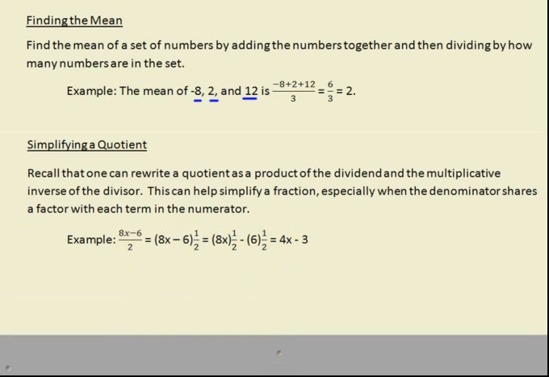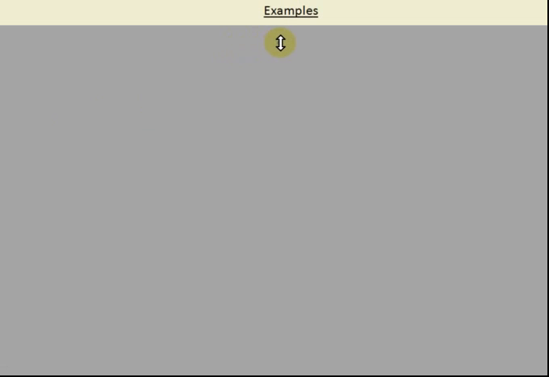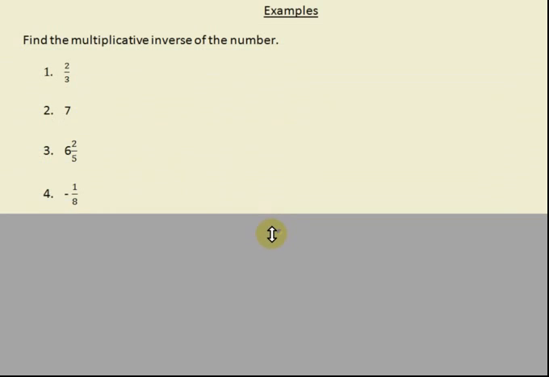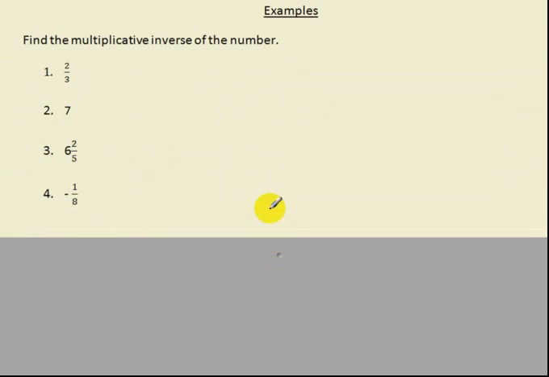Alright, let's look at some examples. Find the multiplicative inverse of the number. So we're looking for what number times this will equal 1. In the case of a fraction, we simply invert. So instead of 2 over 3, it's going to be 3 over 2. So 3/2 is the multiplicative inverse of 2/3.